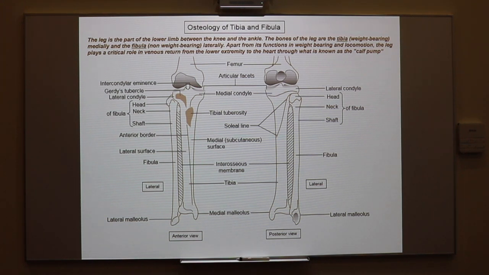So it is more like a hinge joint. So there would be dorsiflexion and plantar flexion, which is going to happen at the ankle joint. It is stabilized by this prolongation of the tibia, which is called the medial malleolus, and on the lateral side, the prolongation of the fibula, which is called the lateral malleolus.